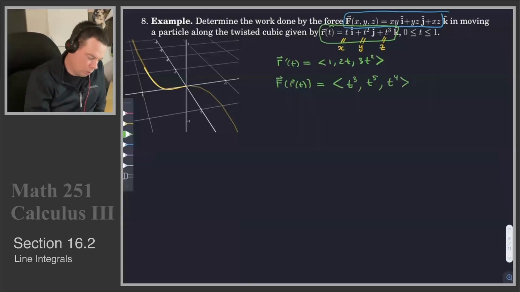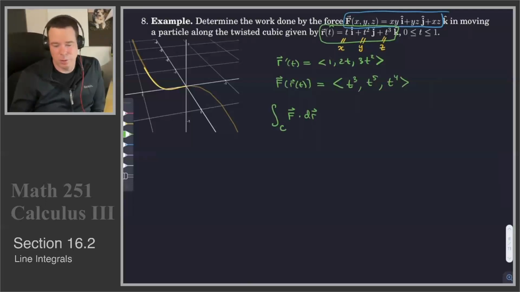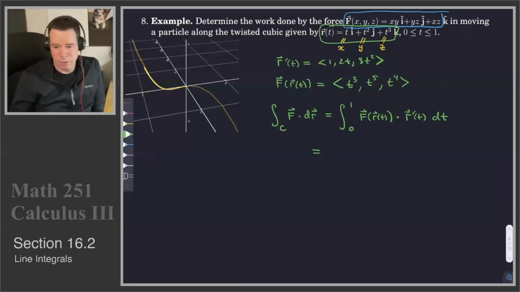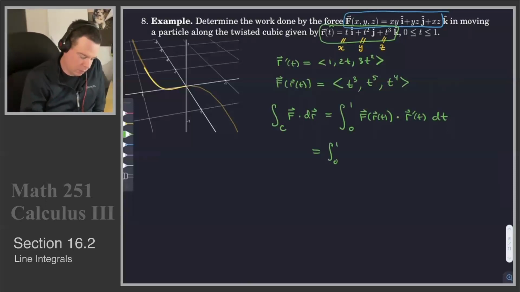And so the integral we want to compute is the integral over our curve of f dot dr. That's just our shorthand for the integral we want to compute. When we unpack it, it's the integral from 0 to 1 of f of r of t dot r prime of t dt. So again, this is the integral we really are interested in, and that's how we're going to compute it. So it's the integral from 0 to 1.